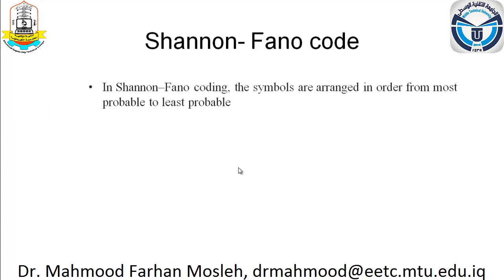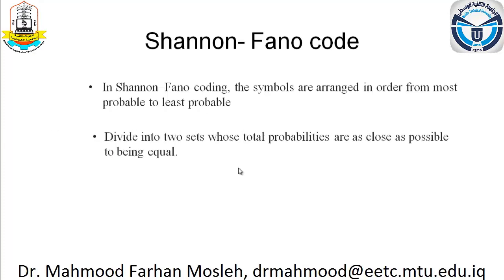Shannon Fano code uses four steps. The first one is to arrange the symbols from the highest probability to the lowest probability. The second step is to divide the set of probabilities into two halves, where the sum of probabilities in each half is approximately equal to 0.5.